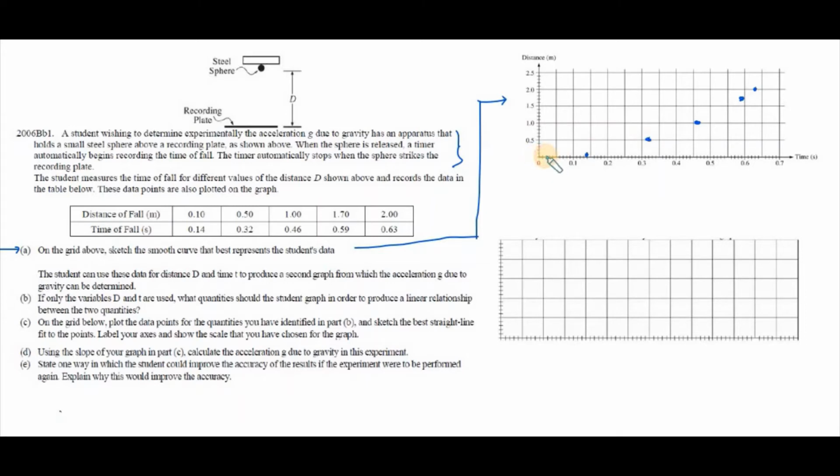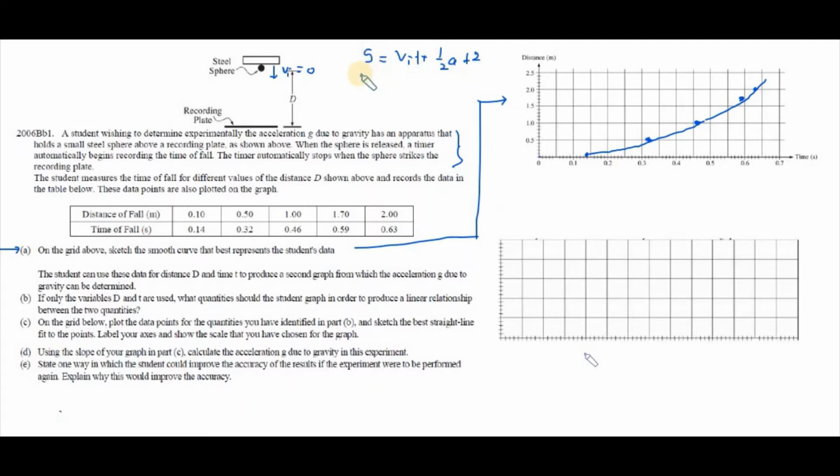First of all, it will start from 0. The distance of fall is 0.1 and the time of fall is 0.14. So we have to connect these points. And we know from the equation of kinematics, the initial velocity vi we can consider as 0, and s equals initial velocity times time t plus half times acceleration times t squared.